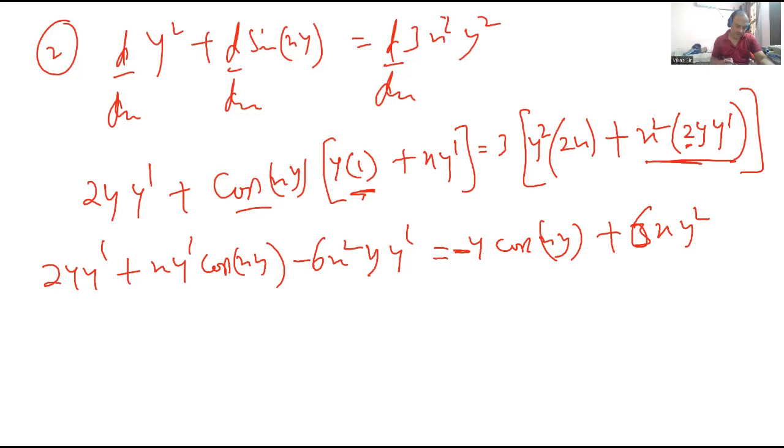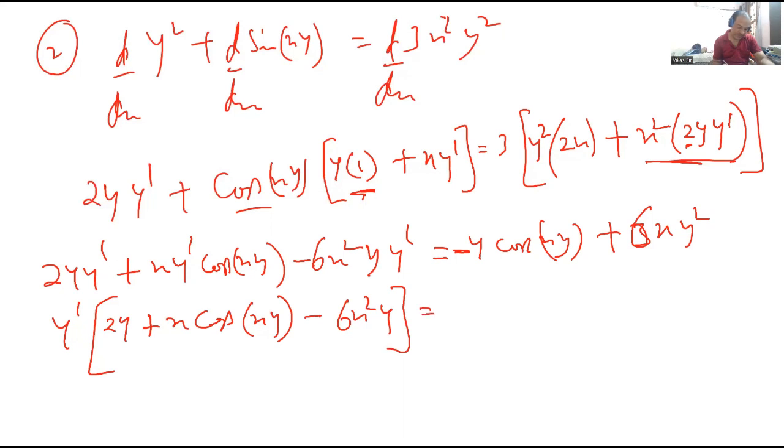Now you have to take y dash common. In the bracket you will have 2y plus x cos(xy) minus 6x squared y on the left hand side, and on the right hand side you will have minus y cos(xy) plus 6xy squared.